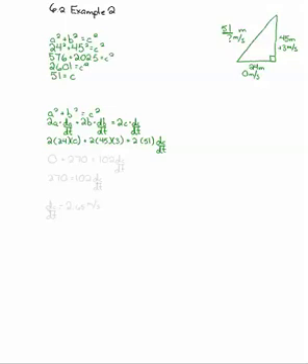Now it's just a matter of doing some simple algebra. 2 times 24 times 0, 0. 2 times 45 times 3 is 270. 2 times 51 is 102. Clean that up.